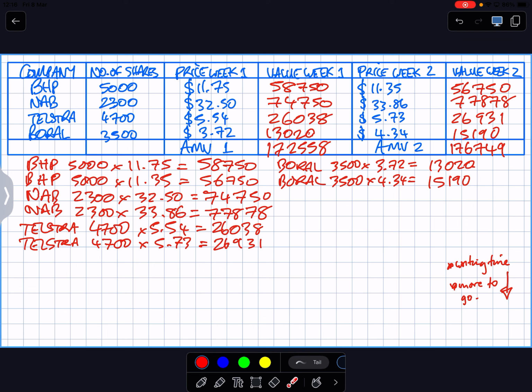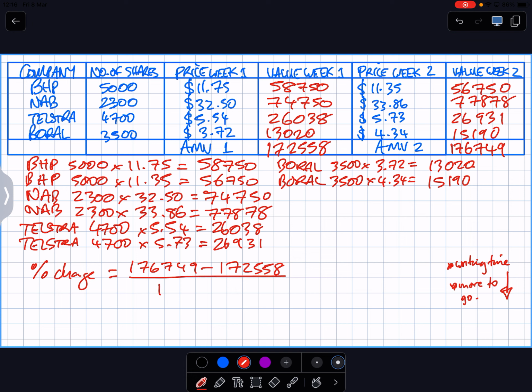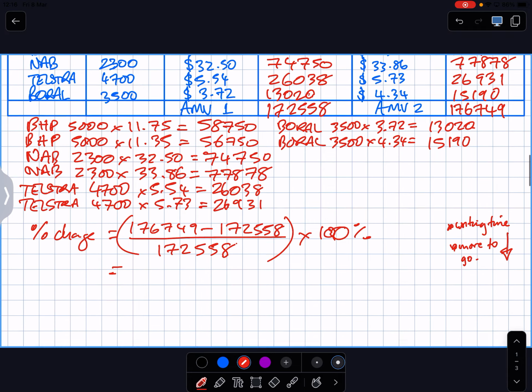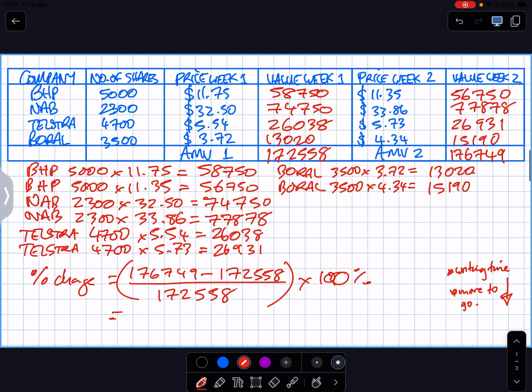Let's apply the percent change on that, because that's the ultimate goal of this. Percent change equals new, which is 176,749, take old, 172,558. So this is using the formula I gave you in the last video. Divided by 172,558 times by 100%. Once again, you can get your spreadsheet to do that very easily. The numbers will be already there.